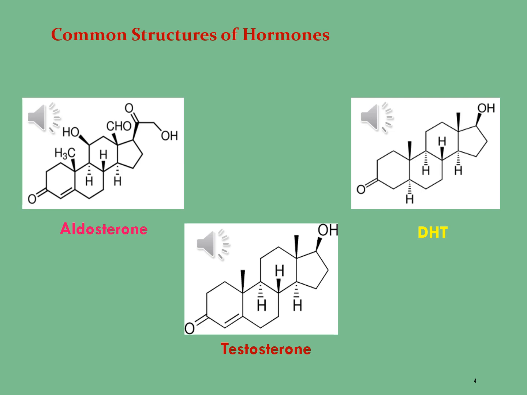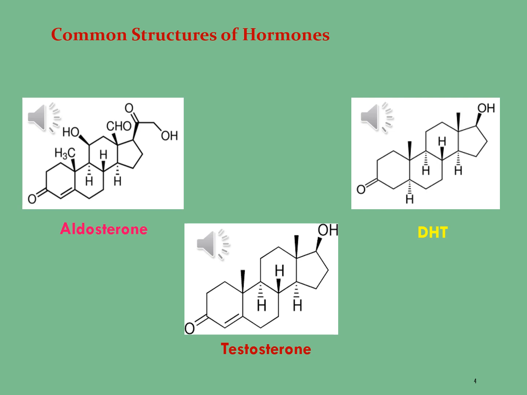The difference between testosterone and dihydrotestosterone is only the double bond at carbon 4 position, which is present in testosterone and absent in dihydrotestosterone, while all other structural features are the same as testosterone.